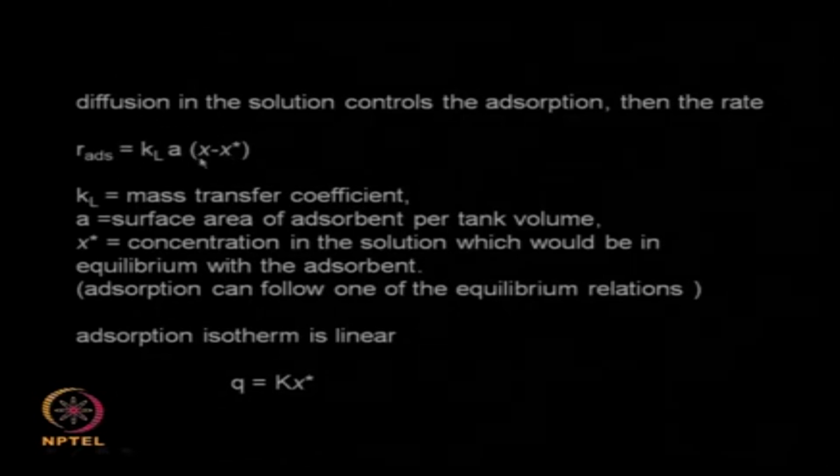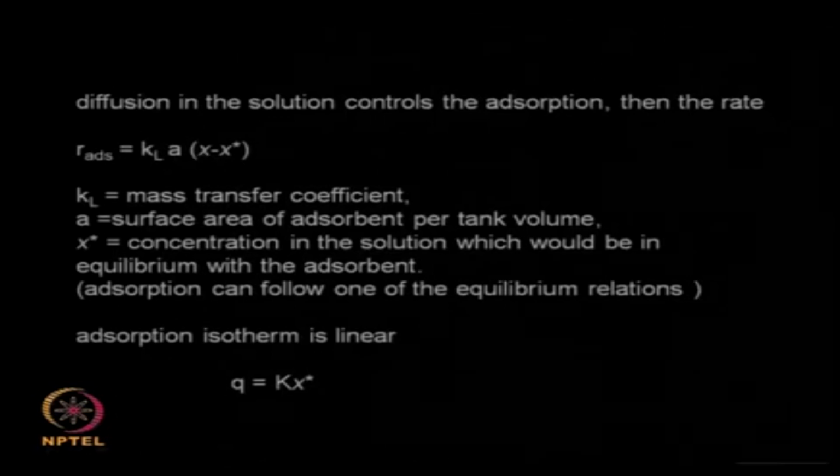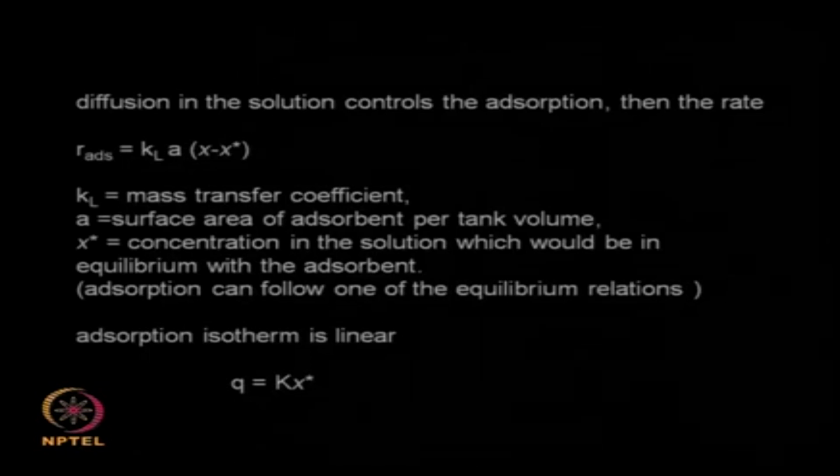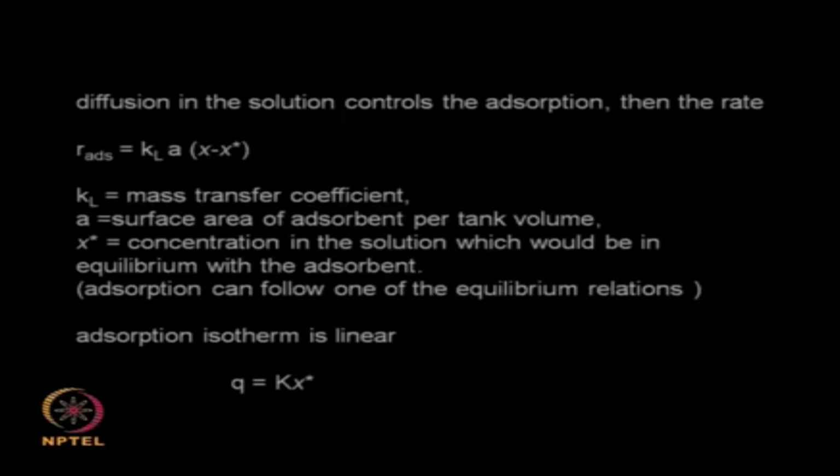the driving force, that is the concentration driving force. X is the concentration of the solute in the liquid phase, x star is the concentration in the solution which will be in equilibrium with the adsorbent, because ultimately the solute is in equilibrium between the solid phase and the liquid phase, okay, because it is an isotherm.